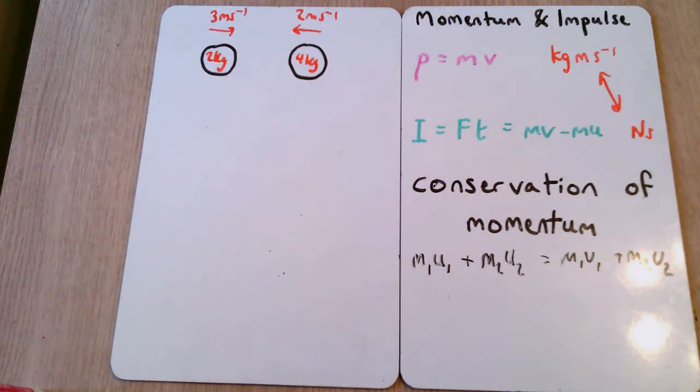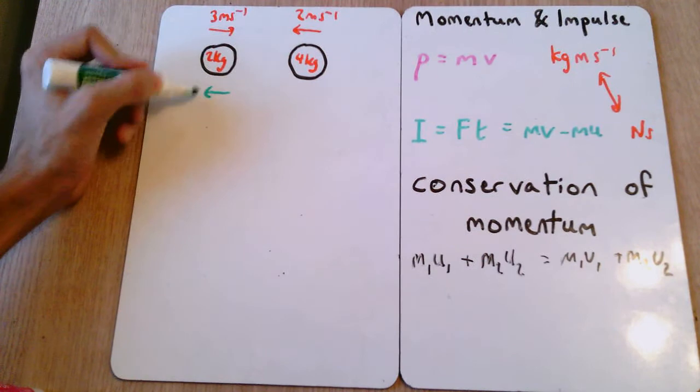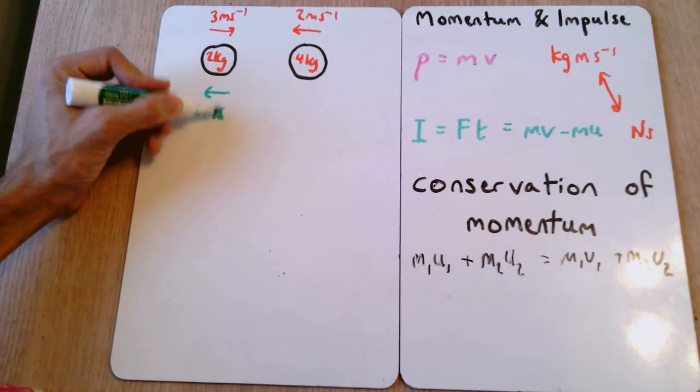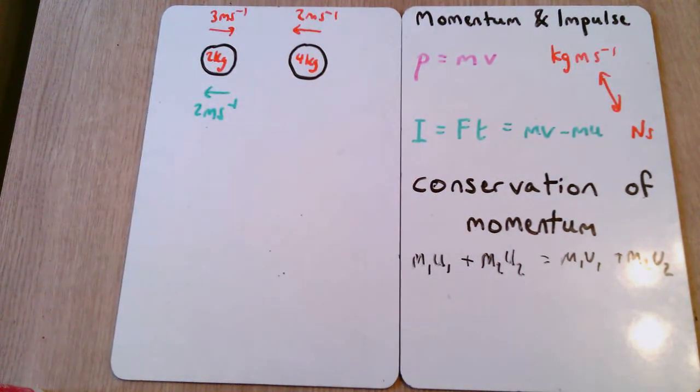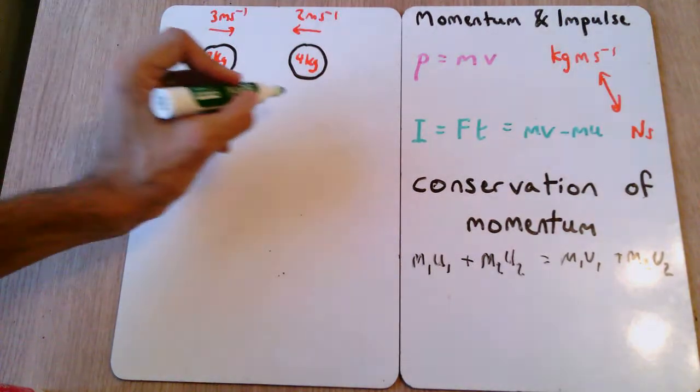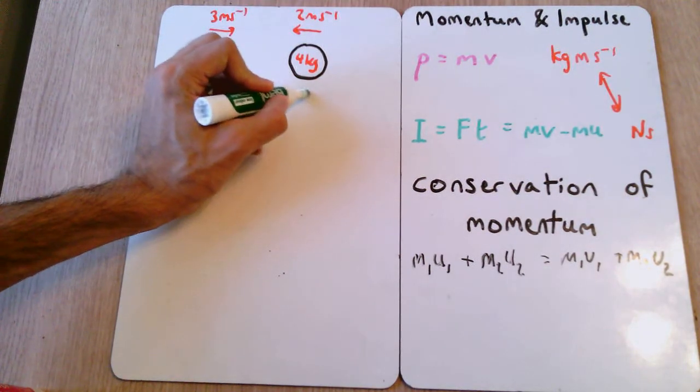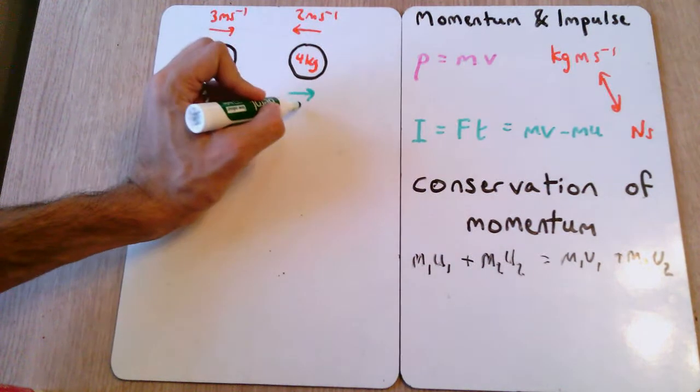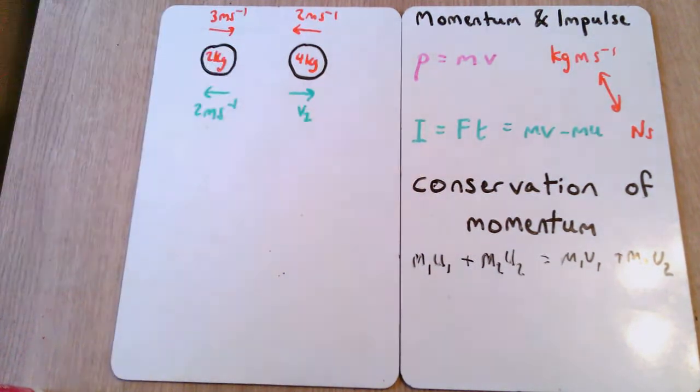But what we know is that the 2 kilogram particle reverses its direction and travels with a speed of 2 meters per second, and the other particle has a final velocity which we're trying to work out. I'm just going to assume that it is traveling in this direction.